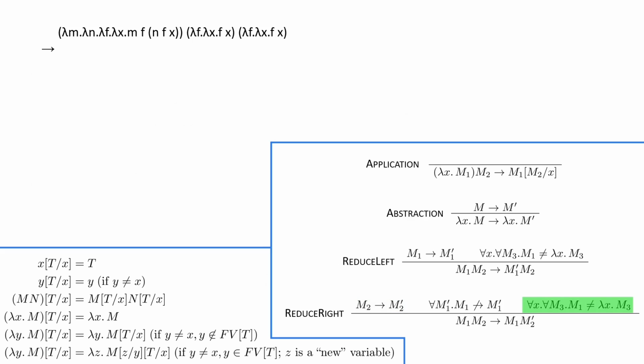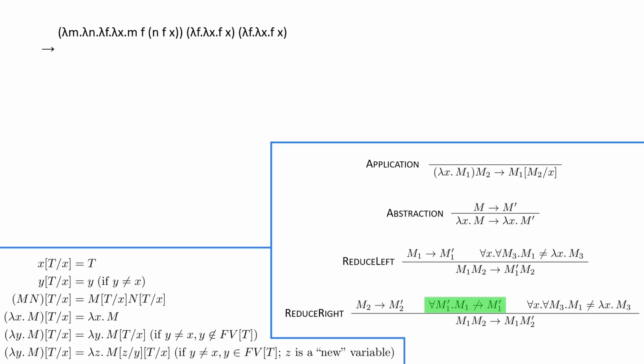The third premise is that M1 is not an abstraction, just like a similar premise in reduce left. M1 is certainly not an abstraction because it's an application, so this premise holds. The second rule is that M1 is not reducible. That is, for every possible expression, M1 does not reduce to that expression. Another way of saying this would be that there does not exist an expression such that M1 reduces to that expression.